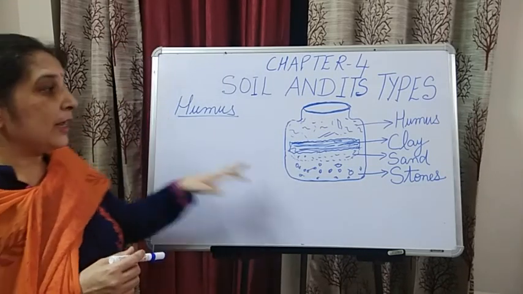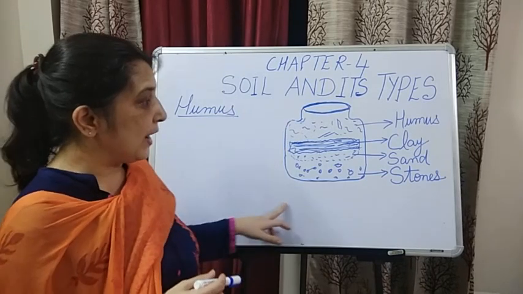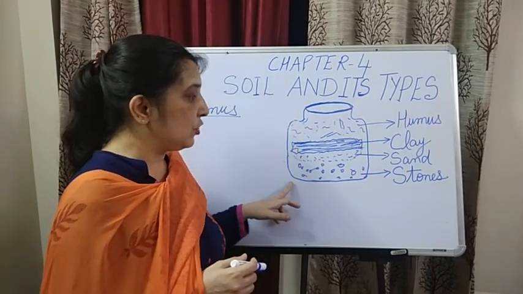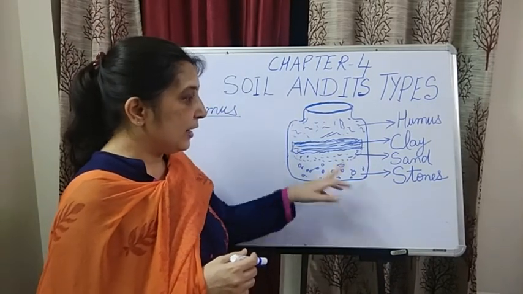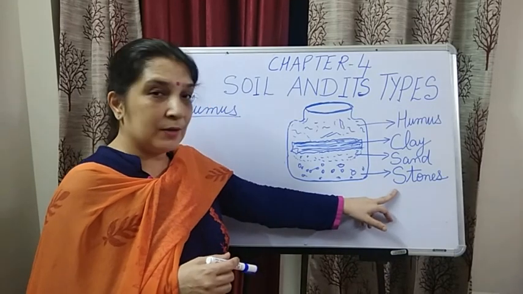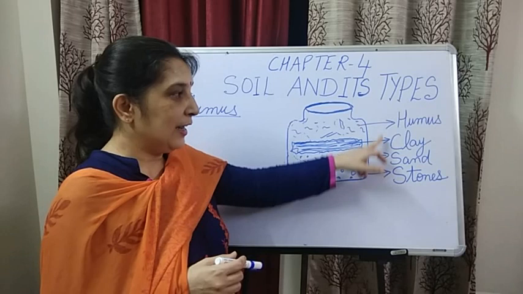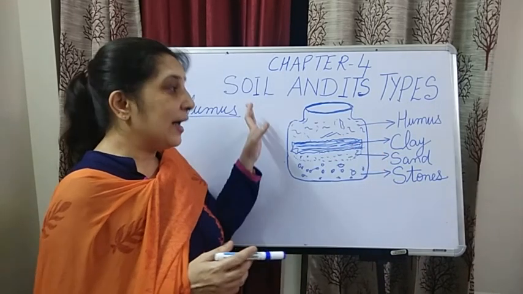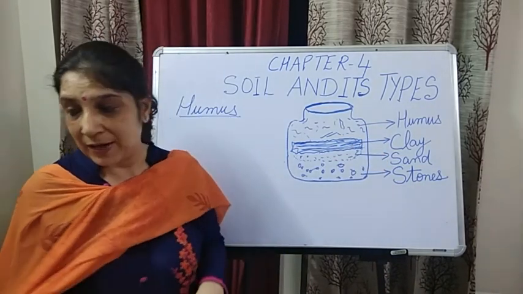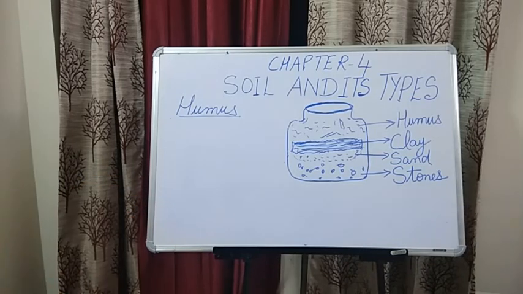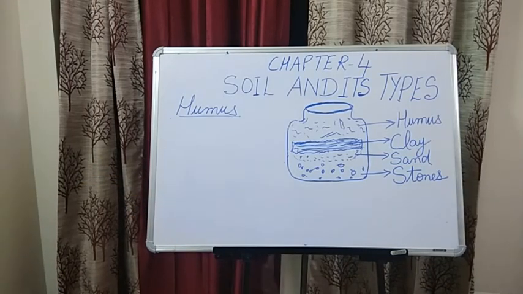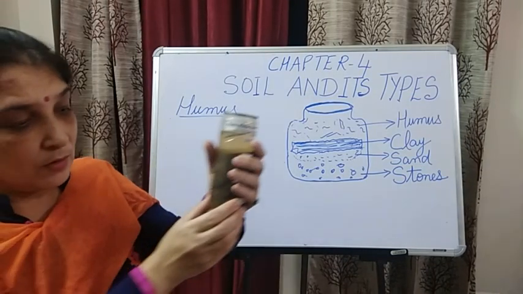Now today, can you see on the board, I have drawn one jar? And can you see what is at the bottom? Stones, sand, clay, humus. Now I will show you this today. Let's see. See this.